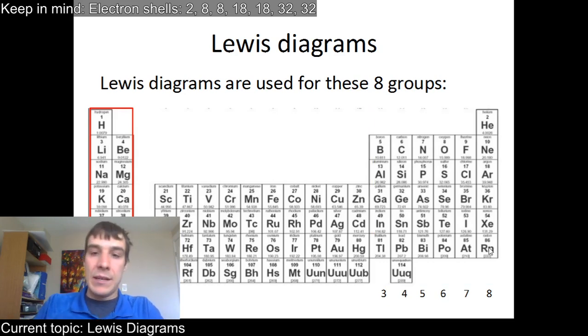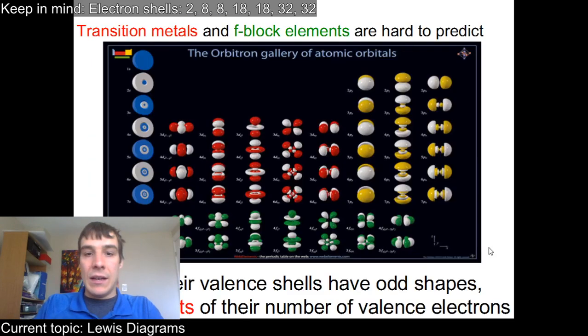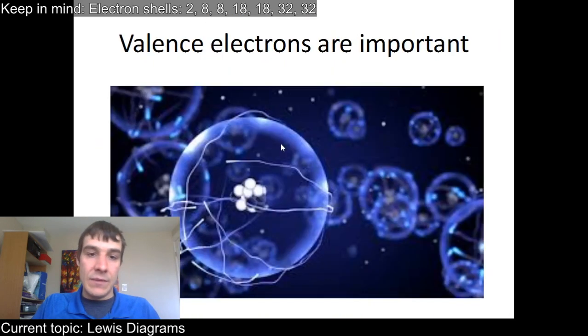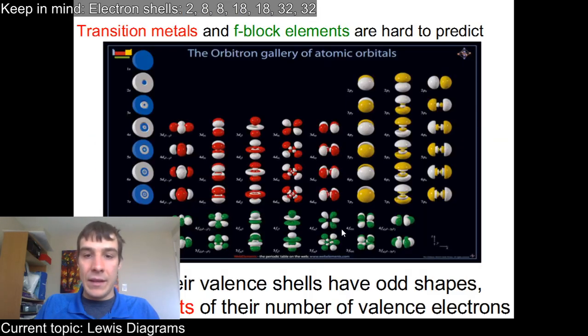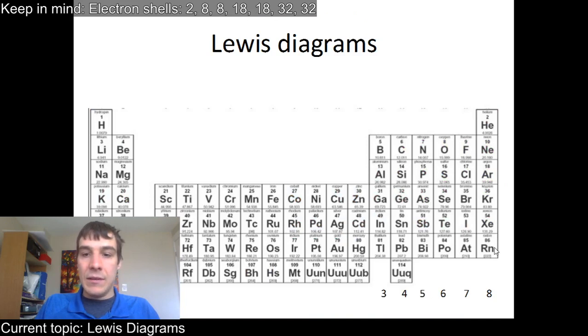But because these guys have those small, shielded bubbles, they end up being overridden by the 8 electrons that fit into these shells. So if we go back to this, notice that radon here, the Lewis structure just has 8 electrons, even though we know on the table that it should have 32.